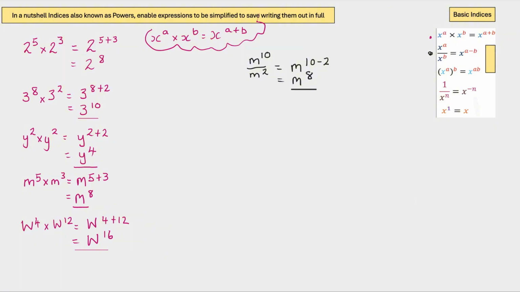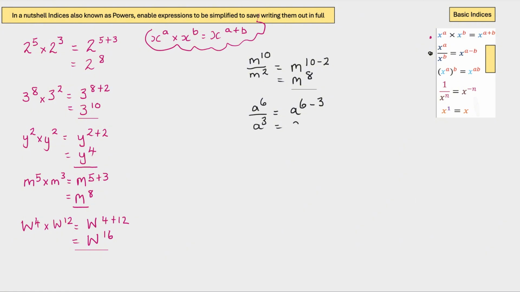How do you feel about that? So, the next one. Let's do a to the power of 6 divided by a to the power of 3. So it's a to the power of 6 minus 3.